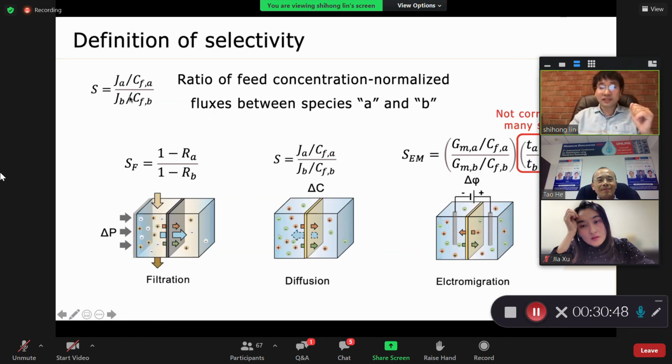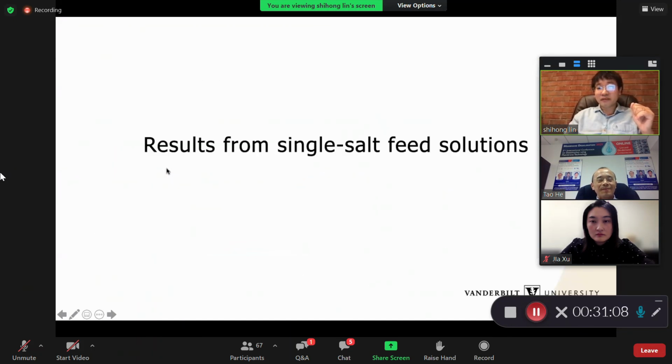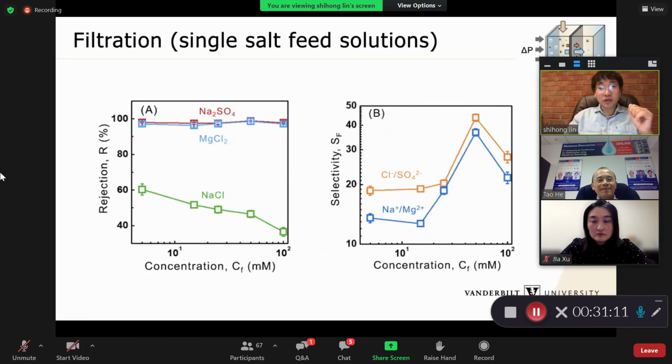Everyone has adopted this definition. So if this is very high, let's say 99%, and you increase it to 99.5%, it would have a huge impact on this value, while this one would not have a large impact on the selectivity. So in the end, whether this is a good definition is actually a good question to ask.